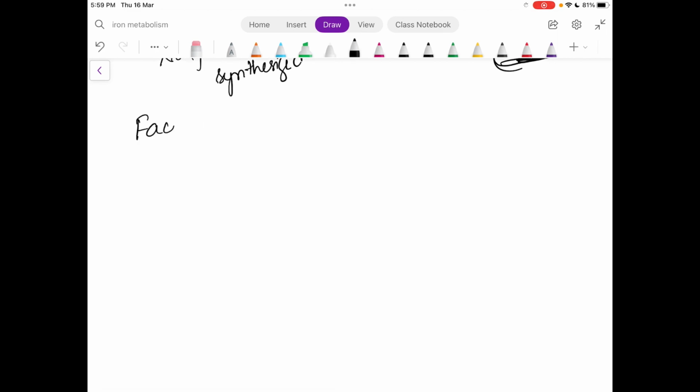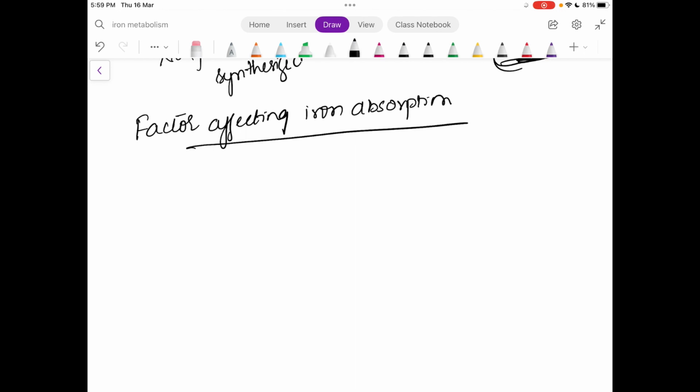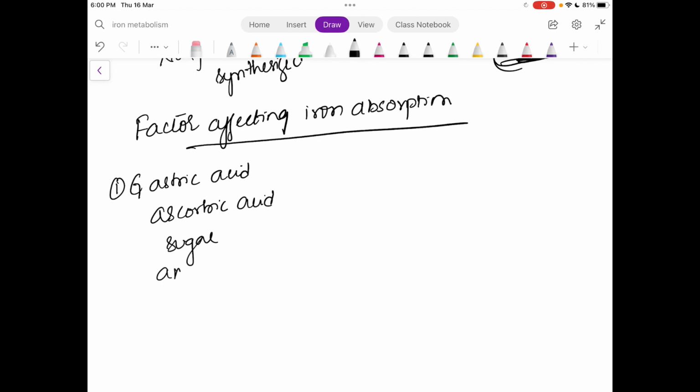And coming to factors affecting iron absorption. What happens here? Factors which will increase absorption are gastric acid, ascorbic acid, sugars, amino acids.